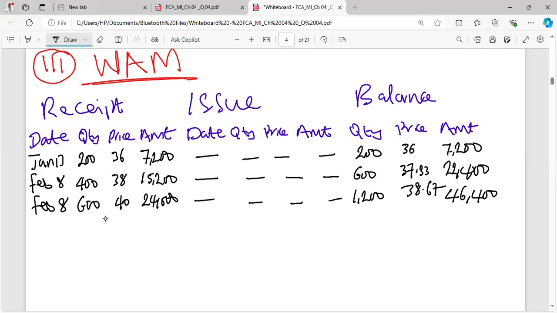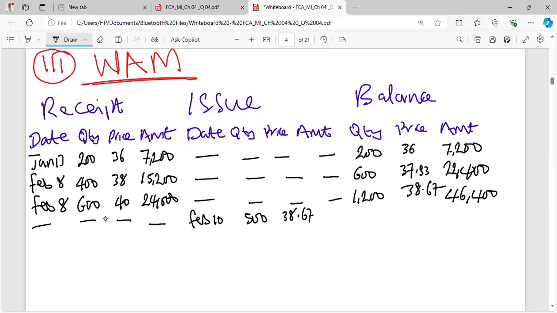The next one is issued. That's February 10. We issued out 500, and it has to be at the average price, 38.67.